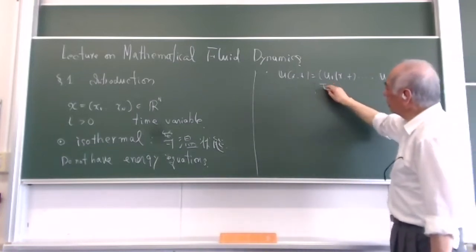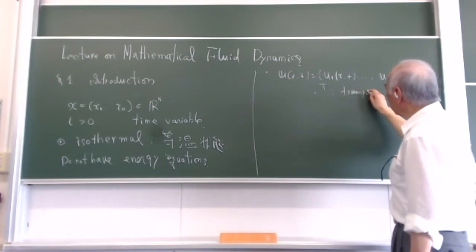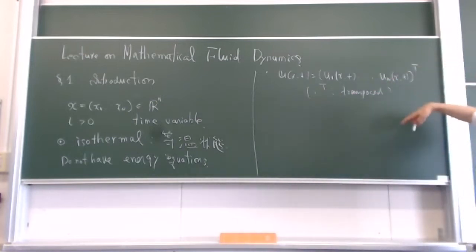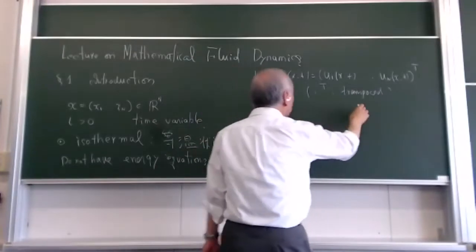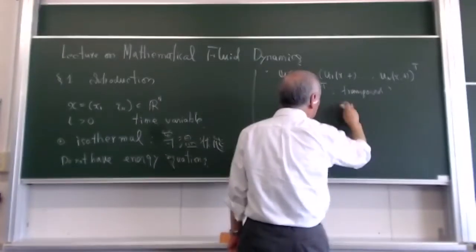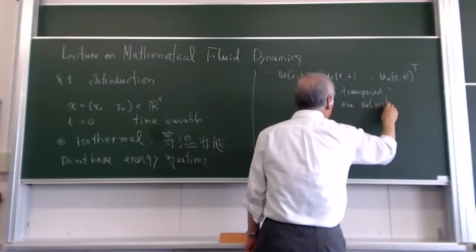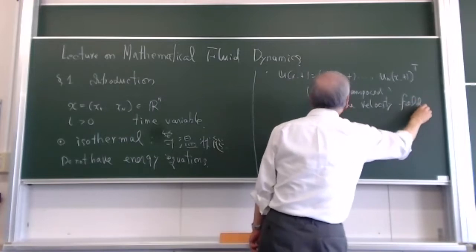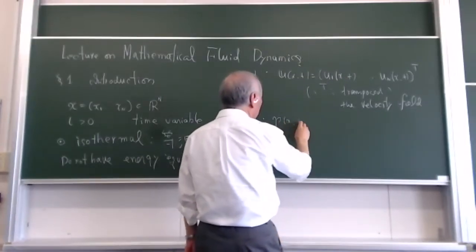T is transpose. This is a vector, and so this is a vector, velocity.